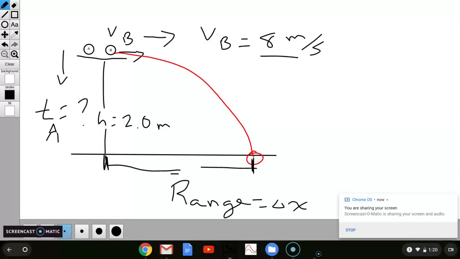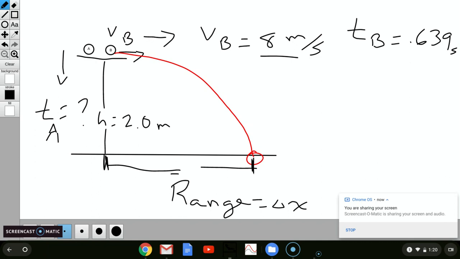So B is going to fall down at the same rate that ball A falls down. So it's going to hit the ground at the same time. So the time for B to hit the ground is also 0.639 seconds.